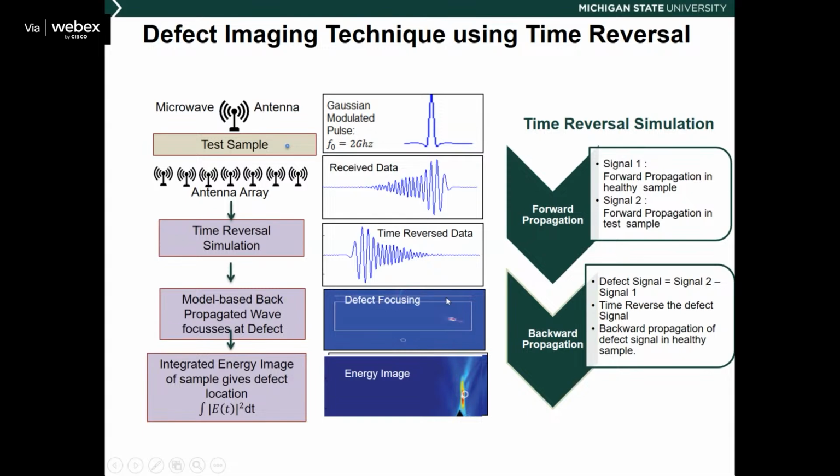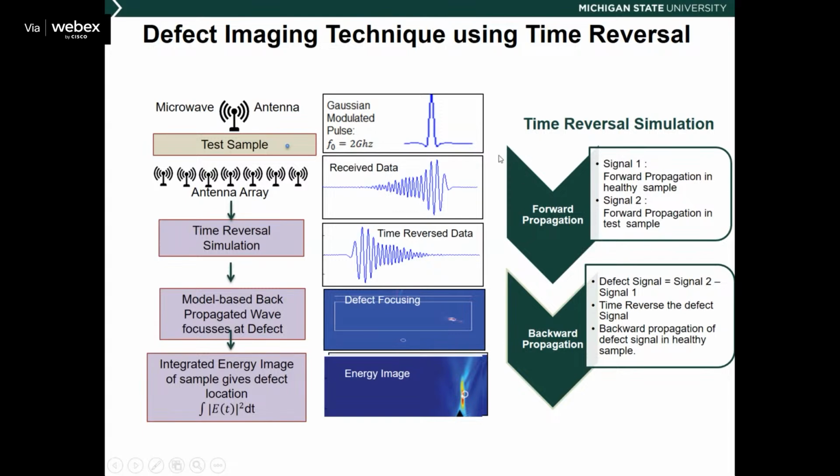Now, if you back propagate everything back, you'll have this energy image that tells you when and where the energy will be concentrated or peaked at the defect location, by evaluating the integrated energy image. There are different ways of calculating the possible location of the focused energy area, so you can read our paper for more information.